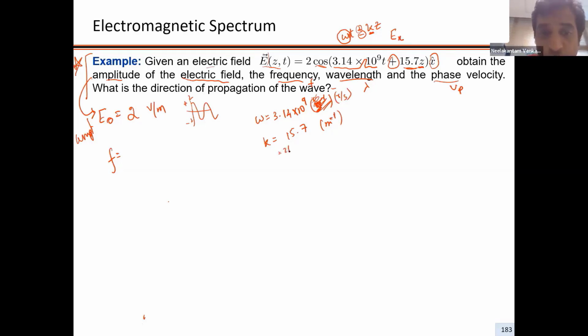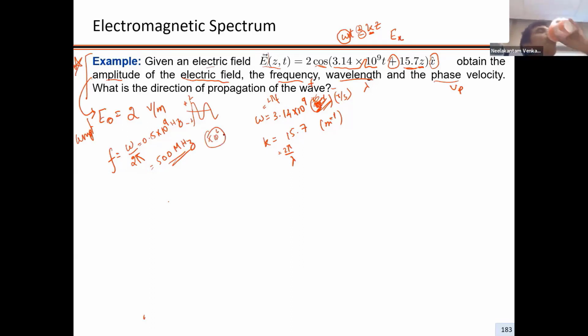But K is 2 pi over lambda, and omega is 2 pi f. From here, I can find my f to be omega over 2 pi. If I do that, we're going to get 0.5 into 10 to the power 9 hertz, which is actually 500 megahertz. Mega being 10 power 6, so 10 power 6 is megahertz.